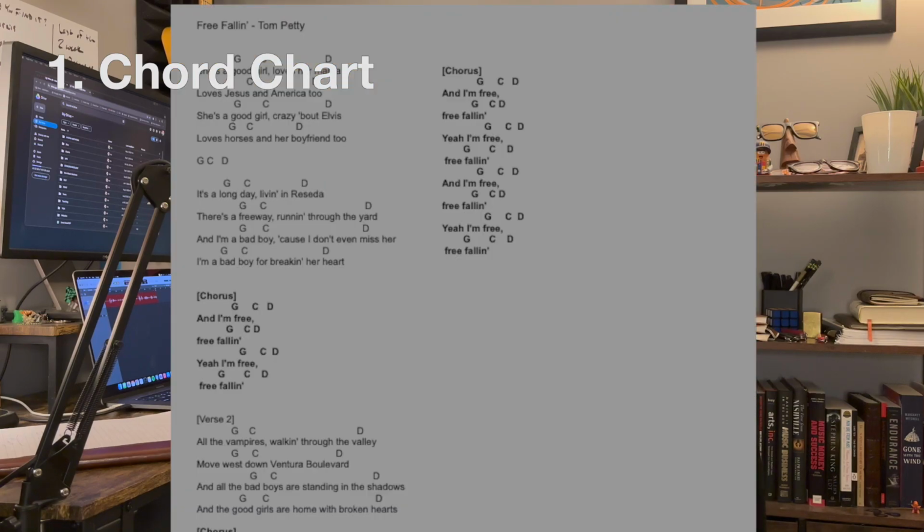Although there's one thing it always has, and that's chords. So for example, this is a chord chart of Free Fallin' by Tom Petty. This is a song I've played many, many times. And something like this, you'll see all over the internet. You can find these on ultimateguitartab.com.